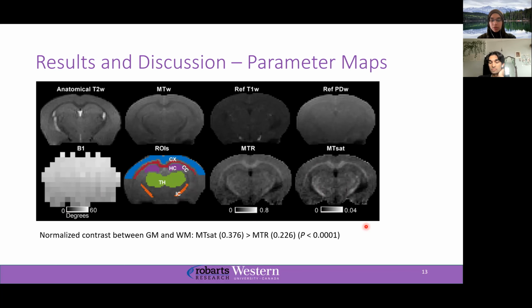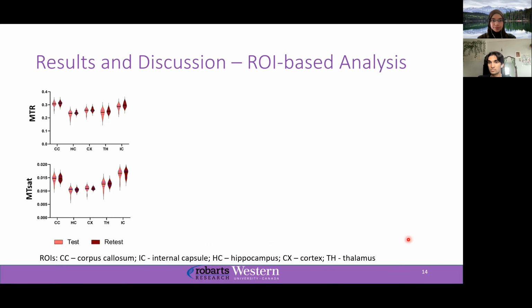The normalized contrast between gray matter and white matter regions averaged over all subjects in MTsat was significantly higher than in MTR. Myelin plots depict the distribution of the mean values for each metric within the ROI.